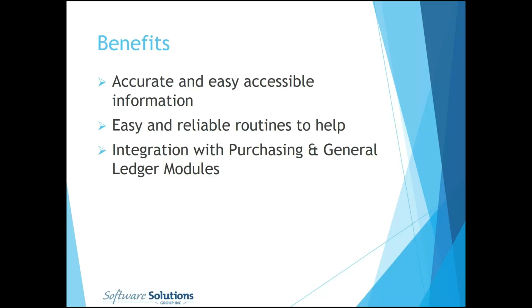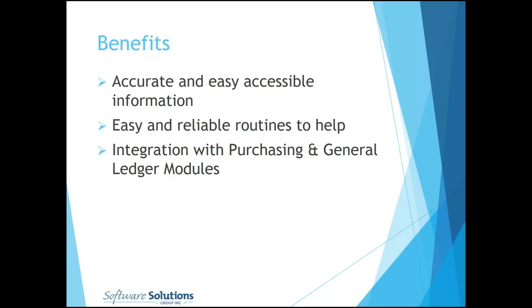Integration with purchasing and general ledger modules, it's pretty straightforward. You can add assets from purchasing either through POs or through AP transactions. And the integration with the general ledger is pretty seamless. Once you run your depreciation, you can create GL journal entries back to the general ledger.